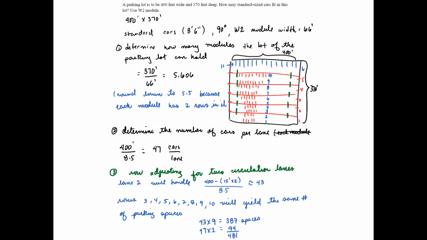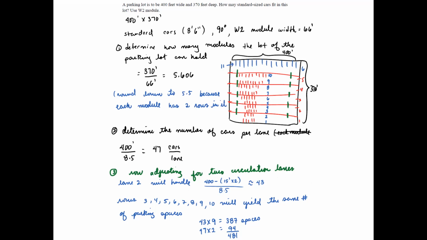Based on that, you see how my design is going to look. I'm going to have in red 5 complete modules, and then in blue I have half a module. Now, knowing that each red module is going to fit 2 rows of cars and the blue module is going to fit only 1 row, I can determine how many cars I can fit in each row.